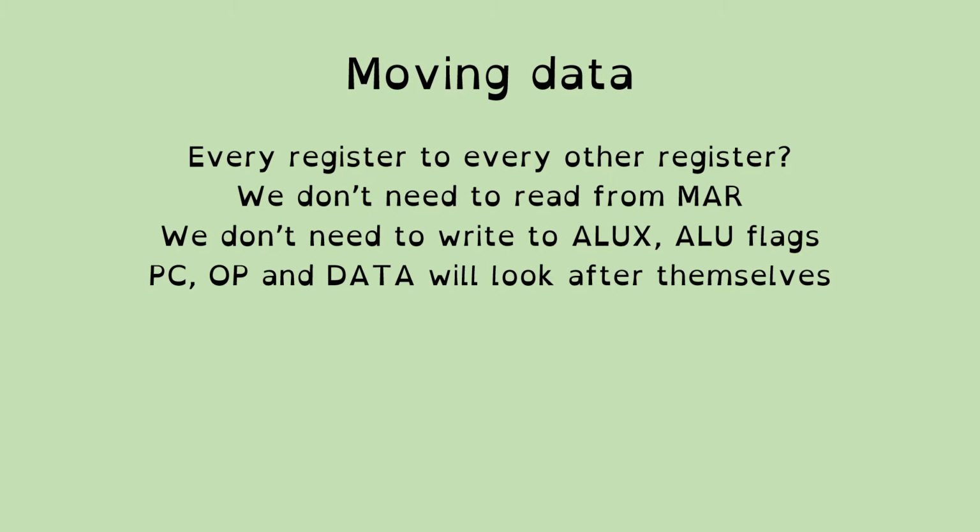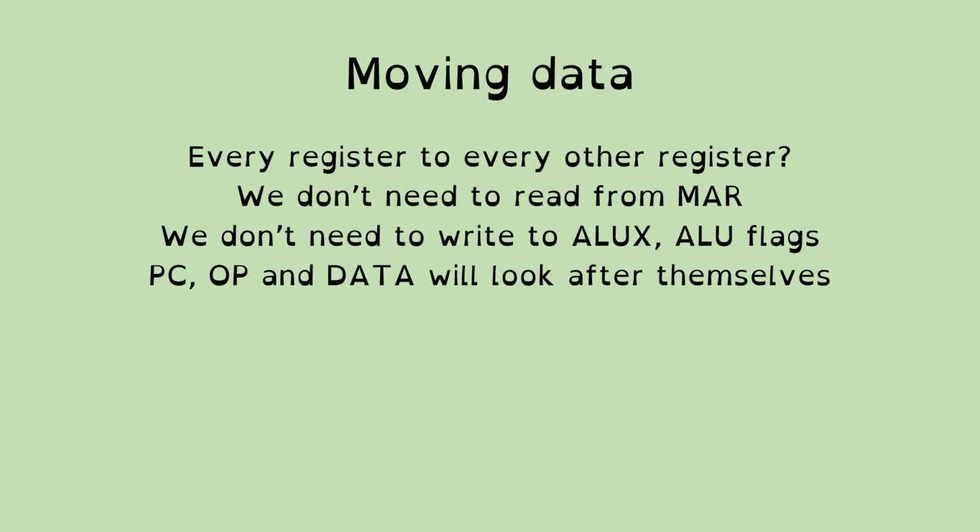Similarly, op is only ever going to be the data that we've read out of the memory, and we don't want to do anything other than put it in the op register and then use it to disambiguate what else we do. So the control unit will read the op, but we don't need to move that about anyway.